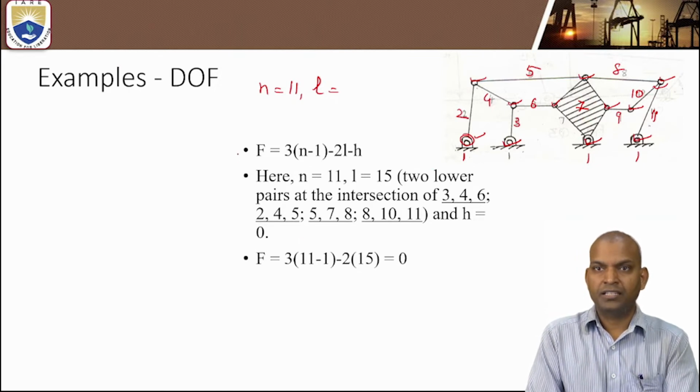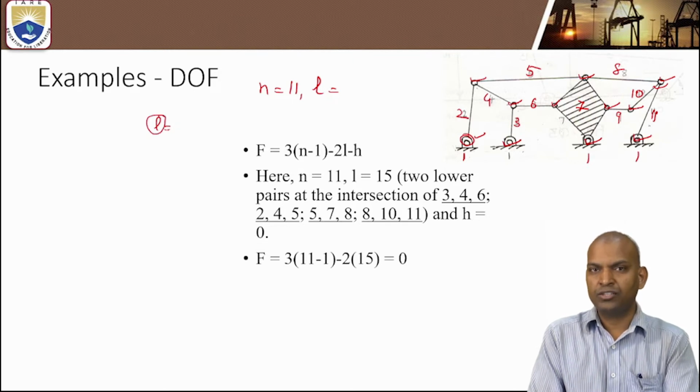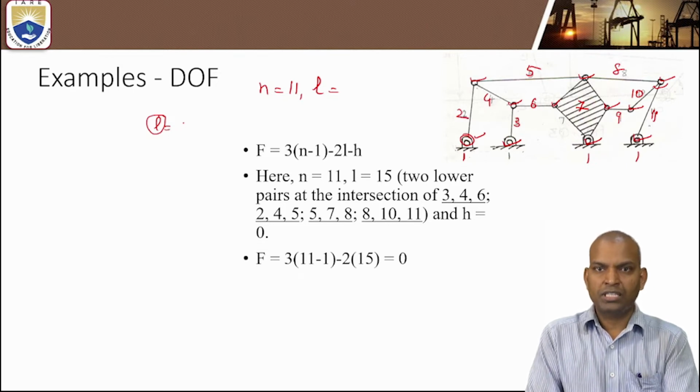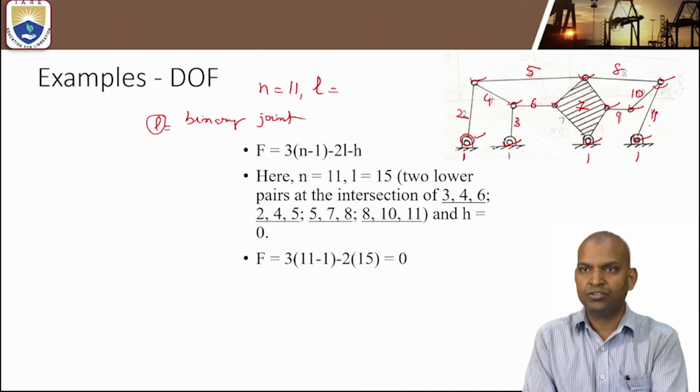Now understand here. The 11 lower pairs we are considering are binary joints, but there are also ternary joints. So L is nothing but the number of binary joints. Now, why did I say 11? This 11 includes two ternary joints also.